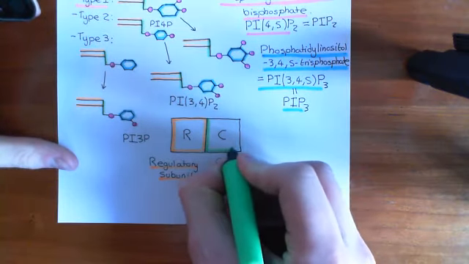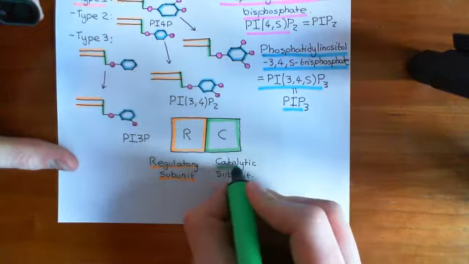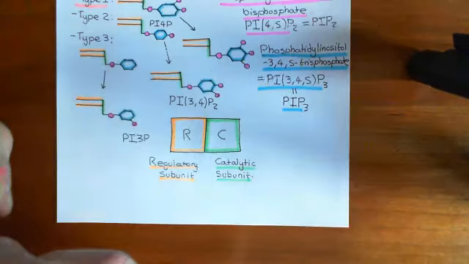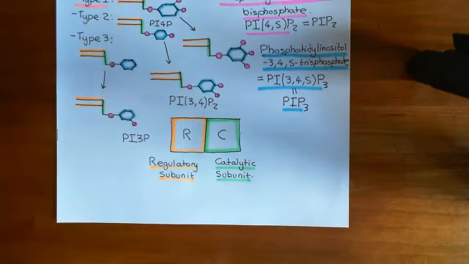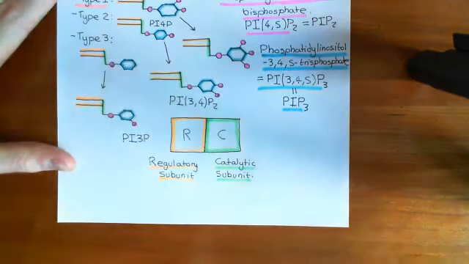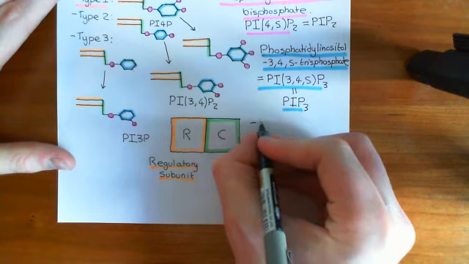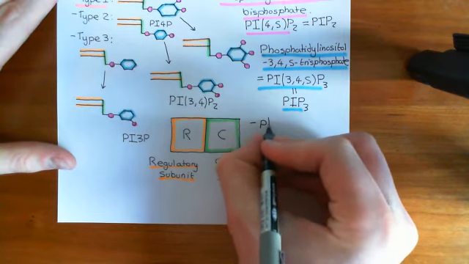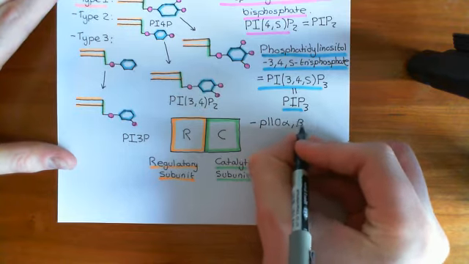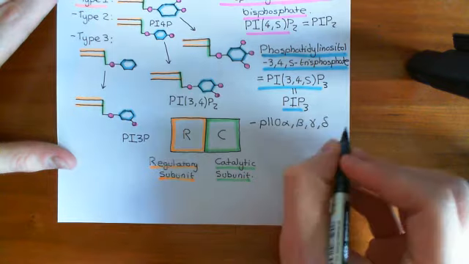Right. So we'll start with the different catalytic subunits of PI3 kinase type 1 enzymes, because there is not just one catalytic subunit. There are four different catalytic subunits that you can use to build a type 1 PI3 kinase enzyme. The four catalytic subunits are called P110 alpha, P110 beta, P110 gamma, and P110 delta.